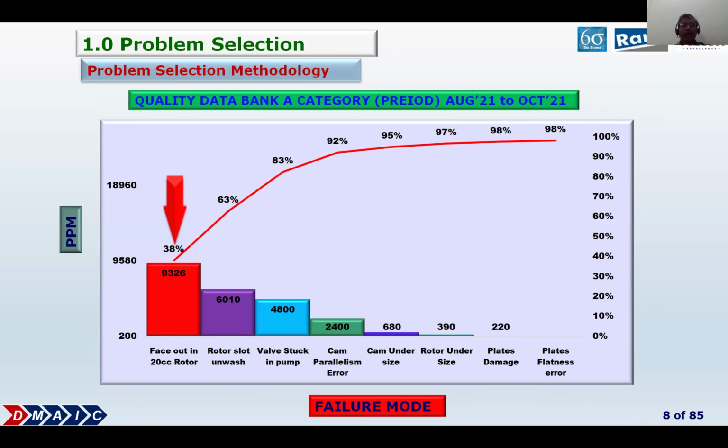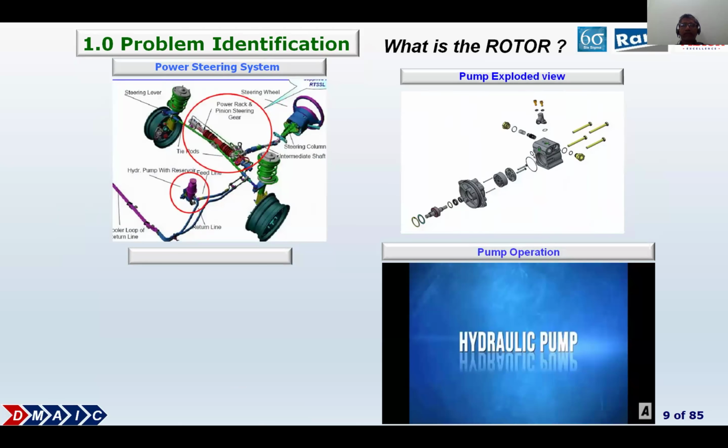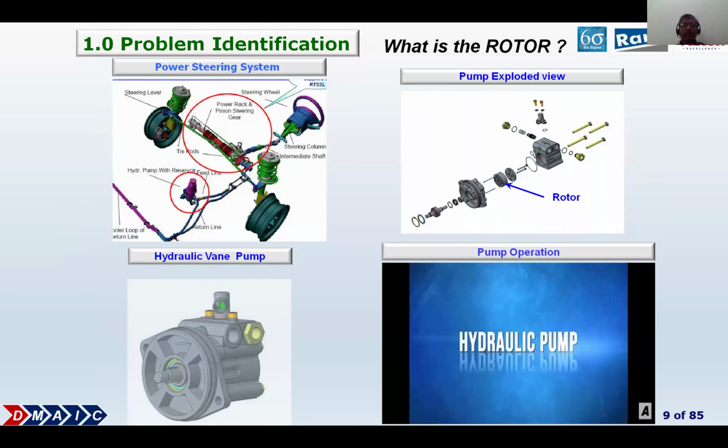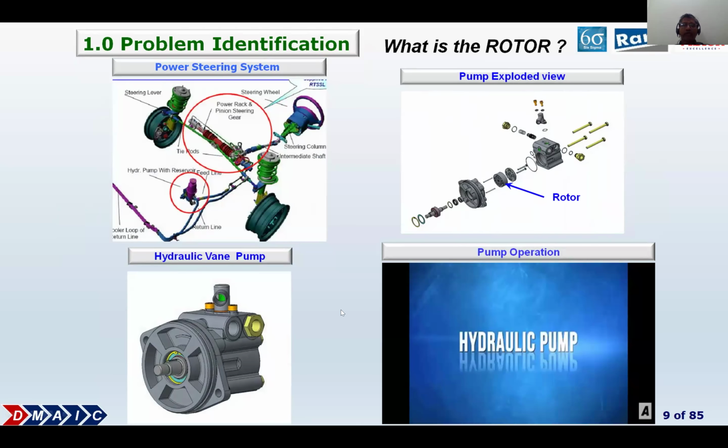This is a Pareto of the same. Here you can see that 38% is contributing towards the phase out issue among all the internal line issues. Here you can see the particular rotor.